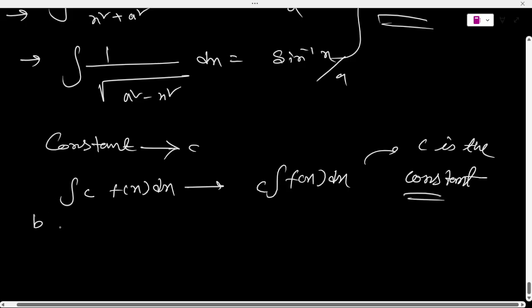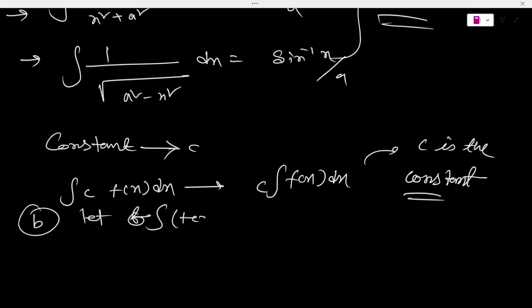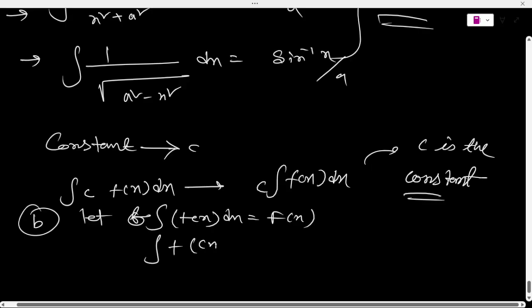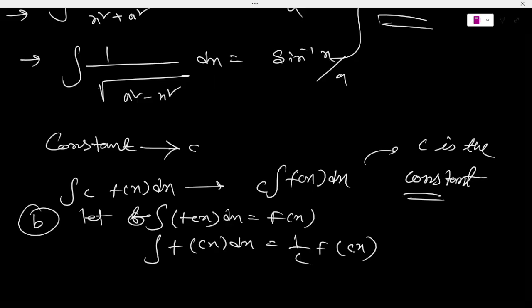And after that, let the integration of f of x dx be equal to F of x, then the integration of f of cx dx is equal to 1 by c F of cx. This is the integration. You always have to break out the constant, without it you cannot solve it, okay.